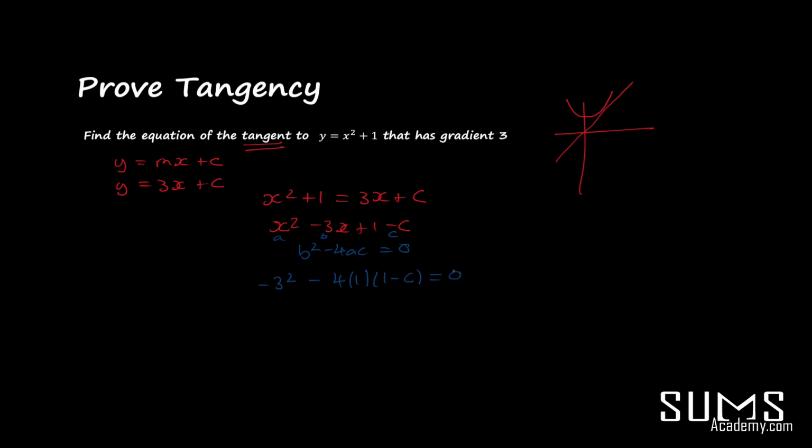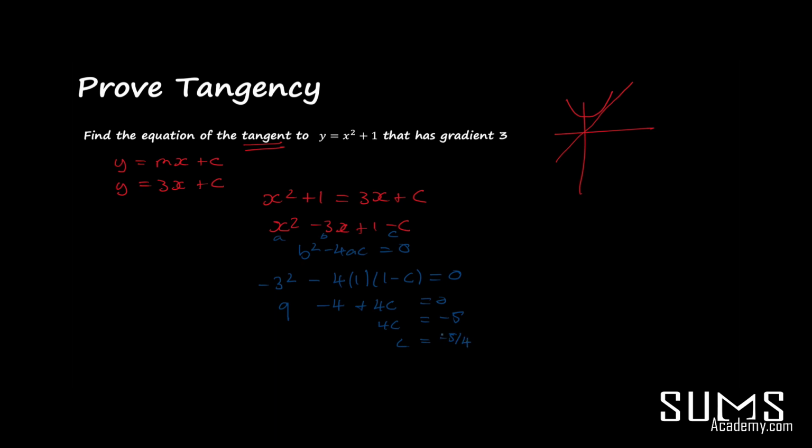It's got to be equal to 0. So this becomes 9 minus 4 times 1, then plus 4c equals 0. So 4c equals, well, 9 minus 4 is 5, move it over, negative 5. So c is equal to negative 5 over 4.